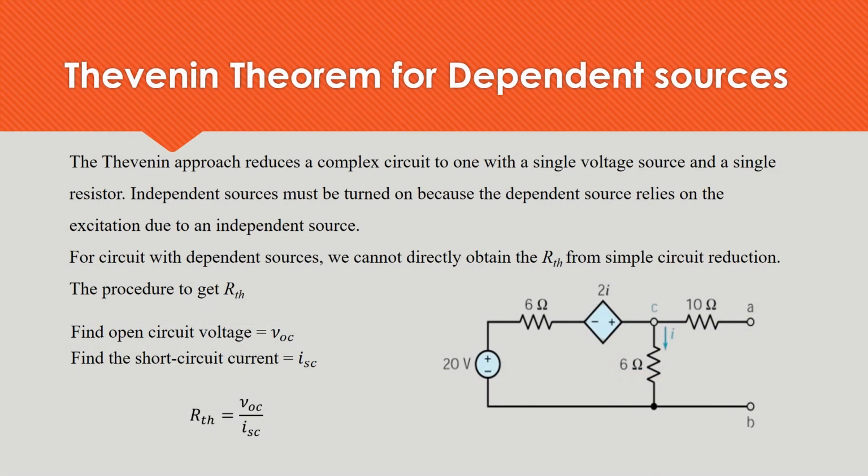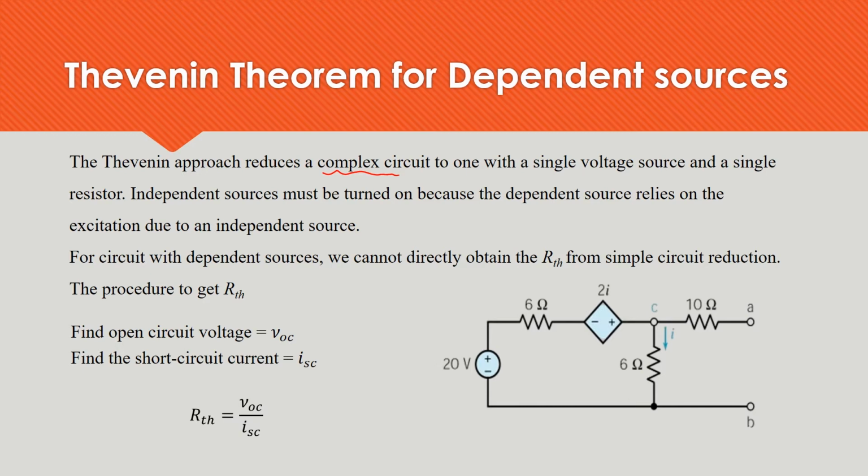Before going into the details of input resistance with feedback, we need to talk about the Thevenin theorem for dependent sources. We already know the Thevenin approach reduces a complex circuit to one with a single voltage source and a single resistor.